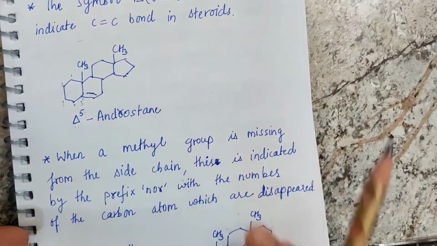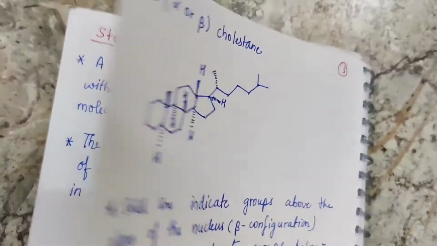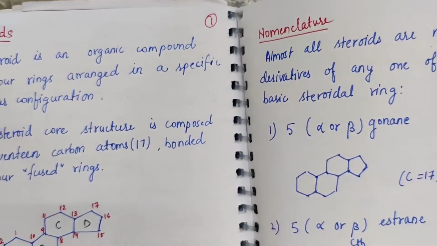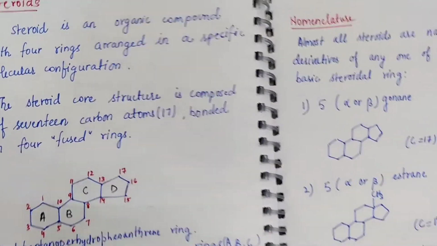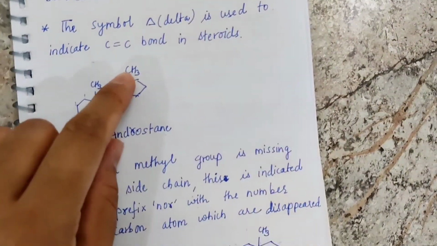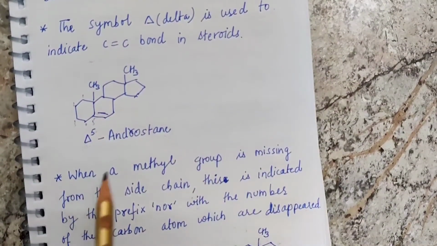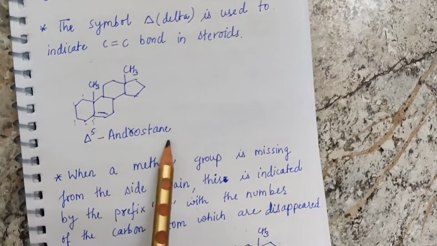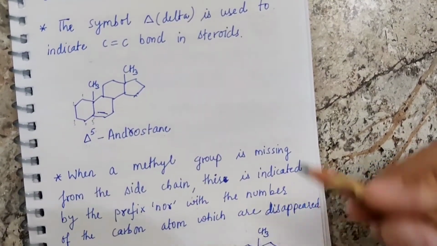So this carbon is the 13th carbon. If we are removing this methyl group on the 13th carbon, we'll name it 13-norandrostane in that case. So that way the naming is done.